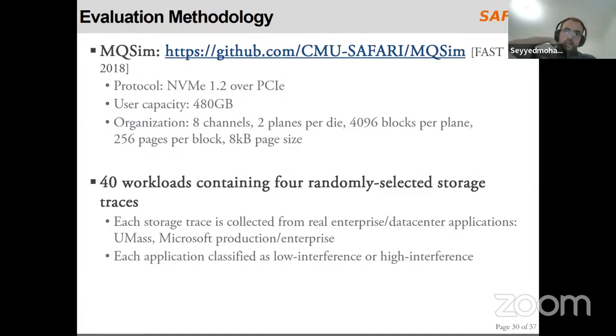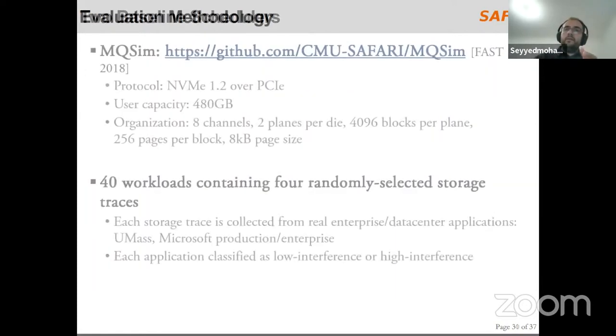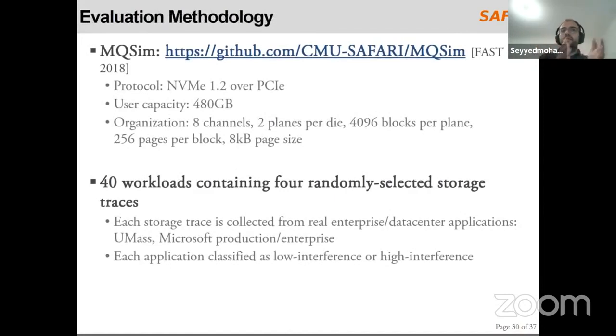Then we classified our mixes from low interference to high interference mixes, so we can have different levels of intensity, 25%, 50%, 75%, and high interference in our mixes.